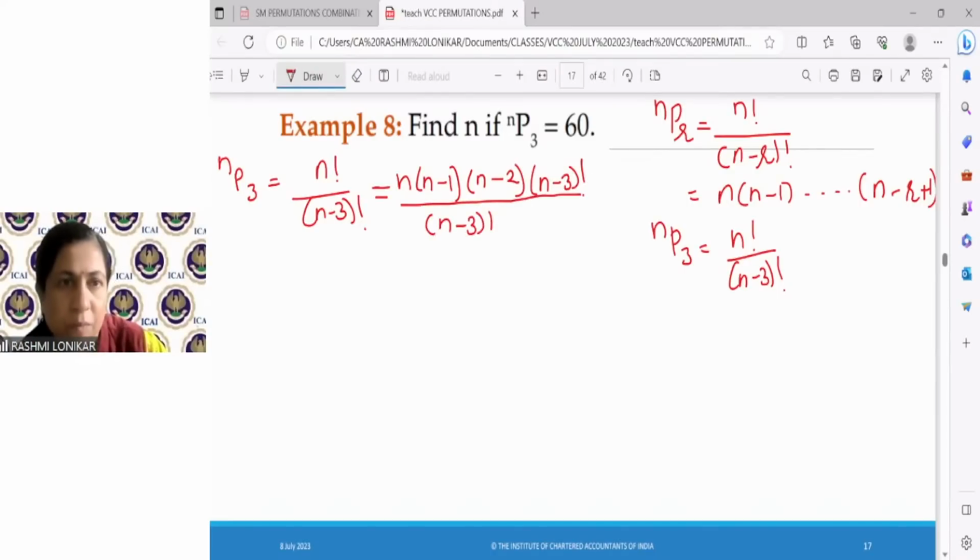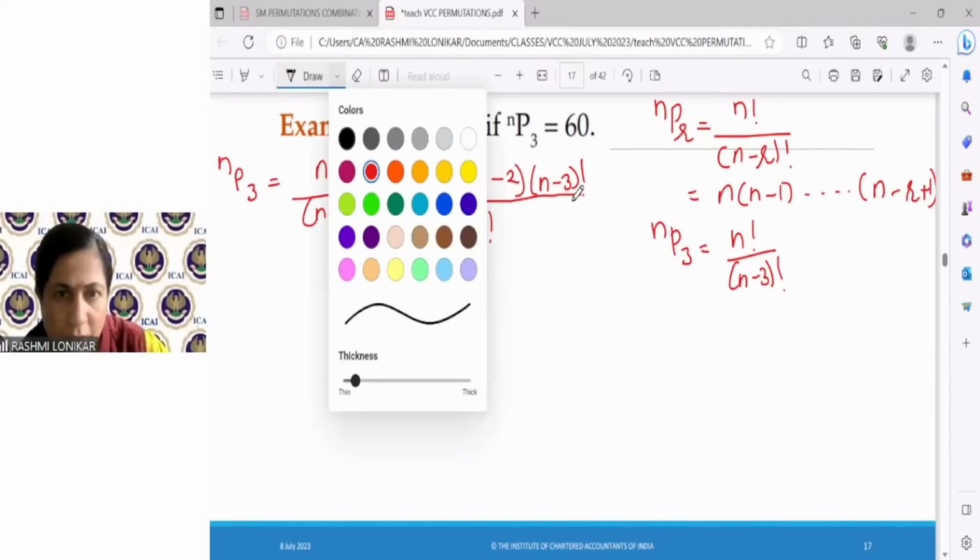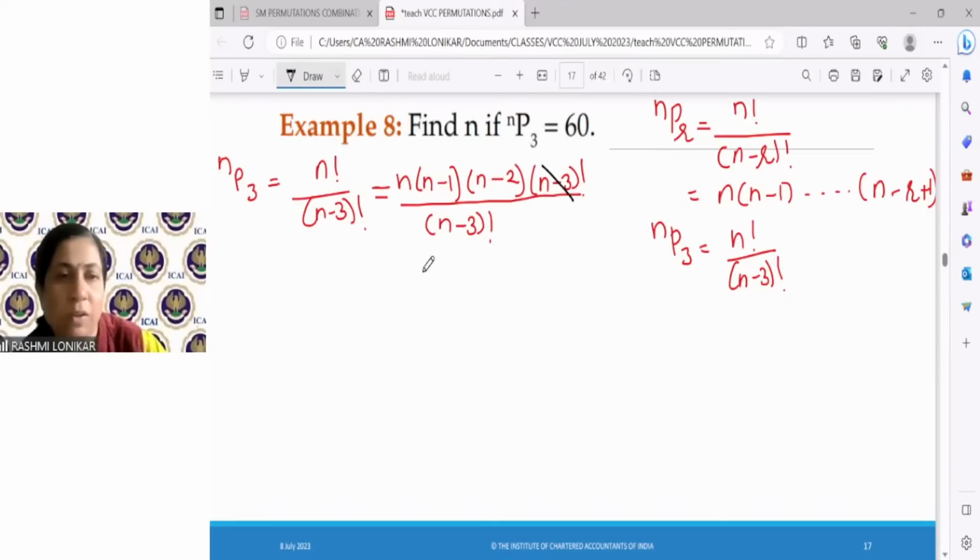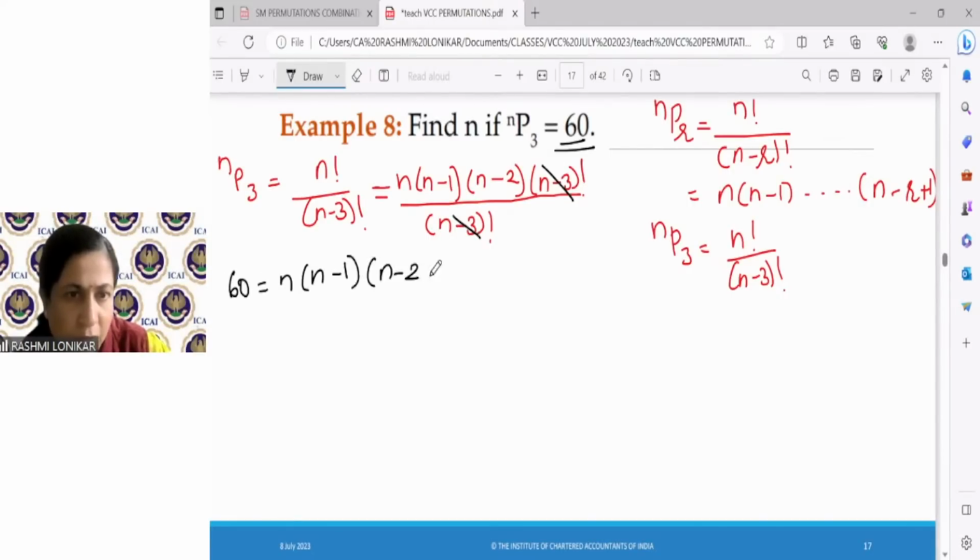Okay. So this n minus 3 factorial will get cancelled. I know np3 is how much? It is given to me equal to 60. So 60 is equal to how much? n into n minus 1 into n minus 2.